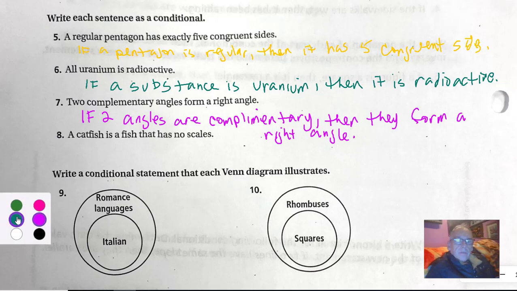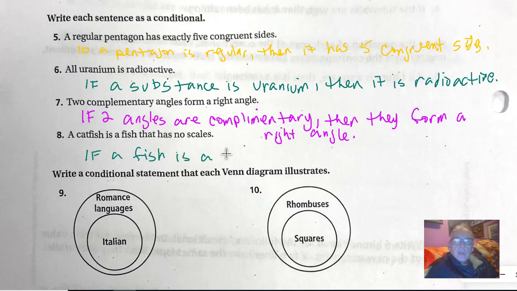Let's look at the next one. A catfish is a fish that has no scales. So if a fish is a catfish, then it has no scales.